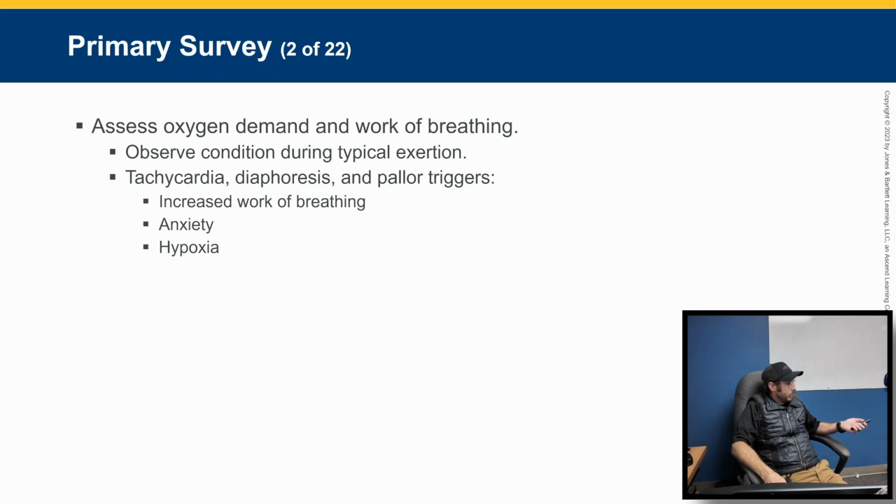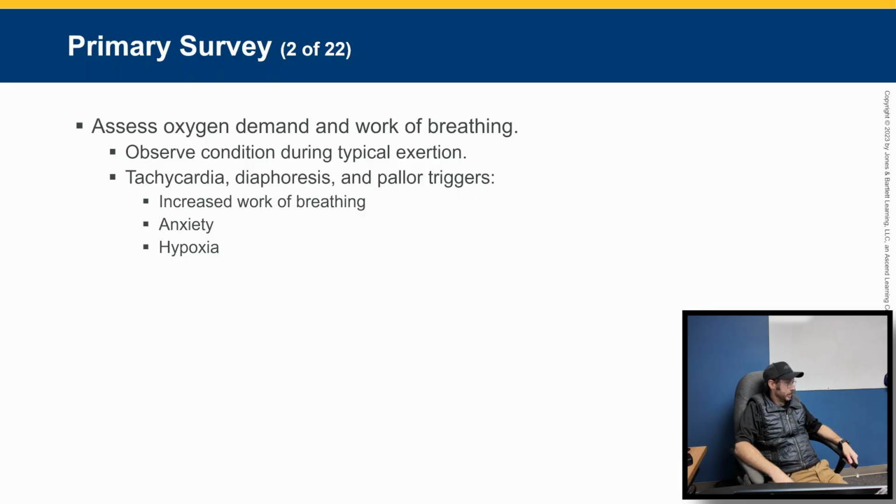But what do I know about oxygen demand in anybody who has their sympathetic nervous system activated? It goes up from their baseline, right? What about somebody who's super cold, like hypothermic? What do I know about oxygen demand in those patients where everything is slowed down?